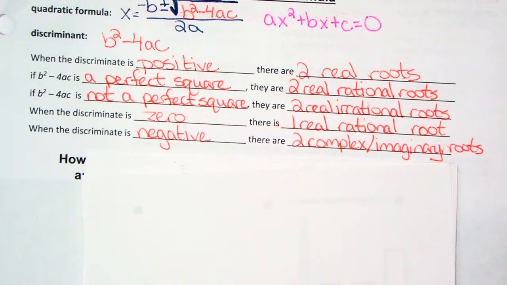It's considered irrational. If your discriminant happens to be 0, then you will have one real rational root, and that's because the plus or minus won't matter, because you'll have plus or minus 0, which doesn't change anything when you add or subtract.